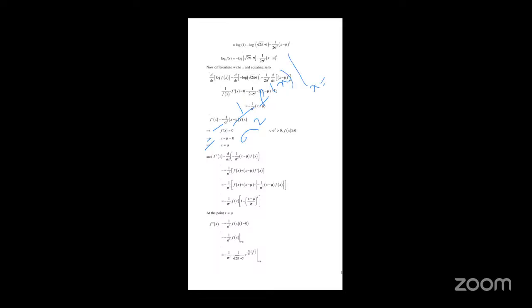In the previous part we already know the f of x value, so we substitute it here: minus 1 by sigma square into 1 by root 2 pi sigma e power minus 1 by 2 (x minus mu by sigma) whole square, where x is equal to mu. This is the derivation.